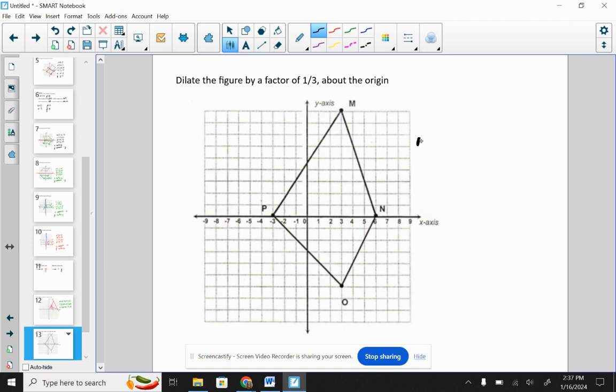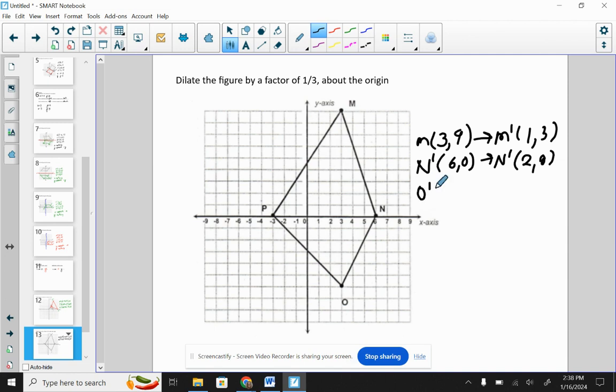My original M, which is up here at 3, 9, when I shrink it or multiply it by 1/3, is now 1, 3. My original N, which was 6, 0, when I divide by 3 or multiply by 1/3, is going to be 2, 0. The 0 doesn't change because 0 divided or multiplied by anything stays as 0.